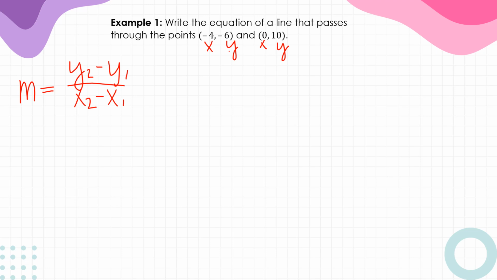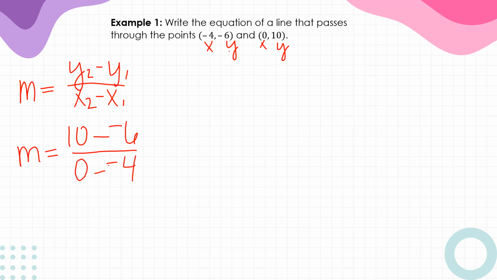So if you are going to make the 10 y sub 2, then the 0 needs to be x sub 2. We need to make sure that those points stay consistent between the x and the y. So if I start with 10, I would do 10 minus a -6 divided by 0 minus a -4.